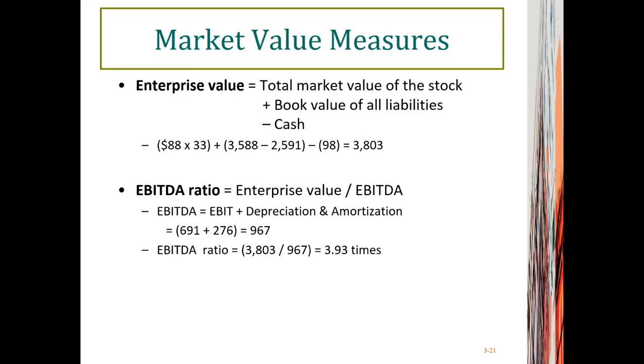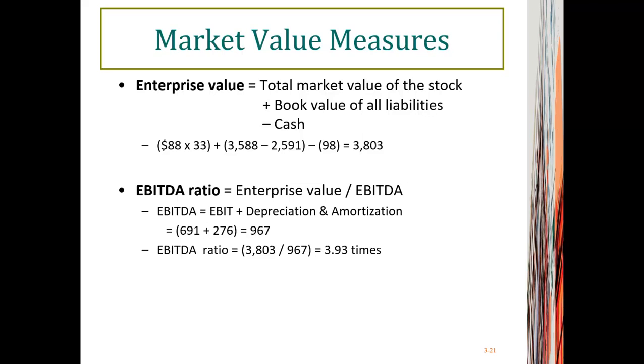And here are more market value measures. The first one is enterprise value, and here we look at the total market value of the stock and the total value of all liabilities minus cash. That is the so-called enterprise value. So enterprise value combines both equity and debt.